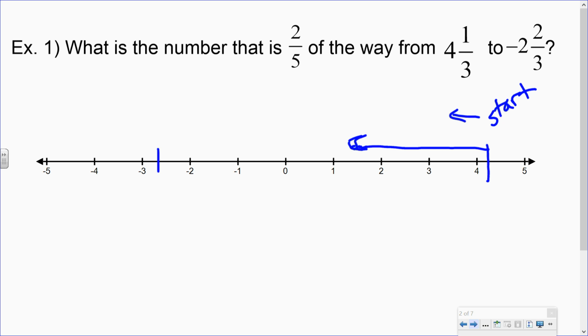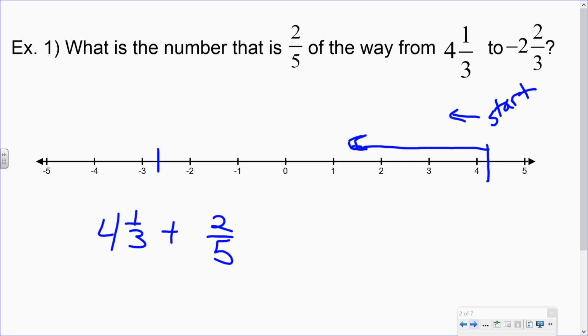So we are going to take 4 1/3, and then we are going to go somewhere with it. We need to take 2/5. And our formula was going to be that our new number equals S plus F. And now for this next part.